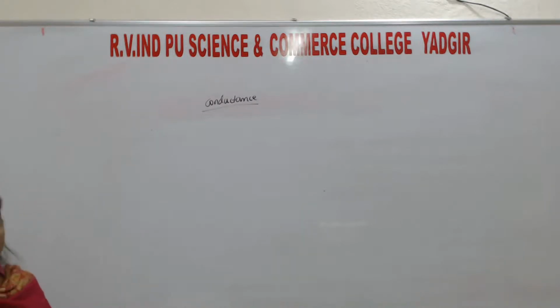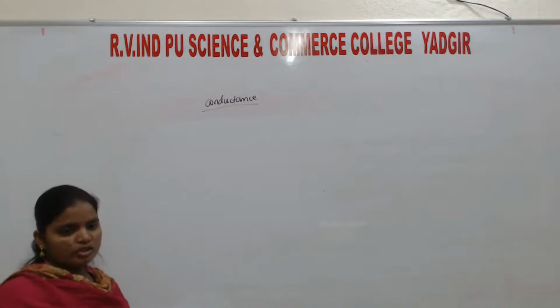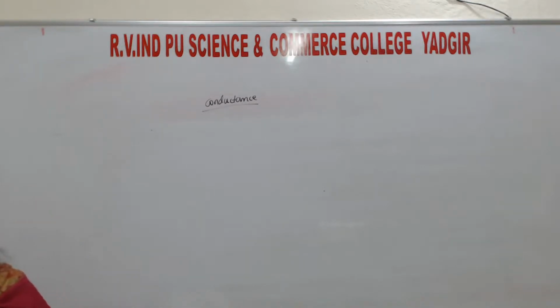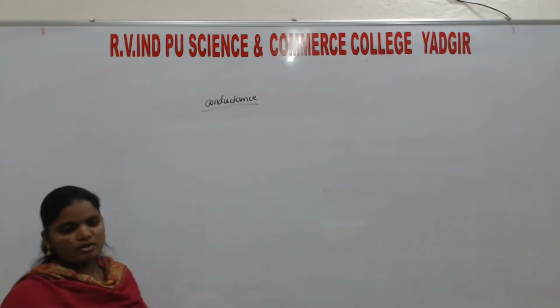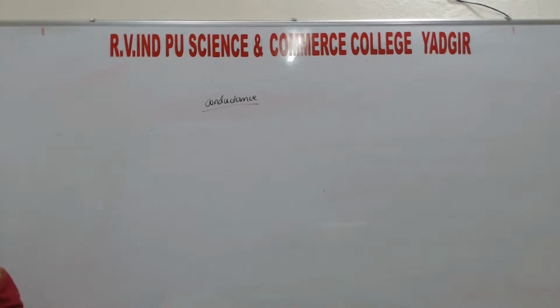Here is the ionization constant or dissociation constant. I already discussed it, so only the formula: the dissociation constant K is equal to concentration times alpha square divided by 1 minus alpha.